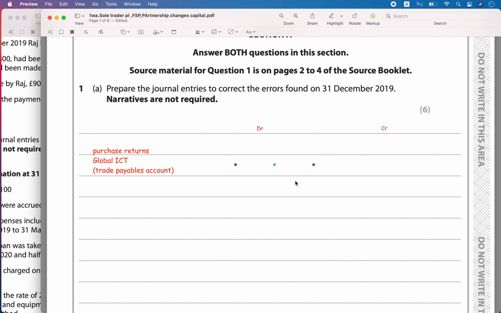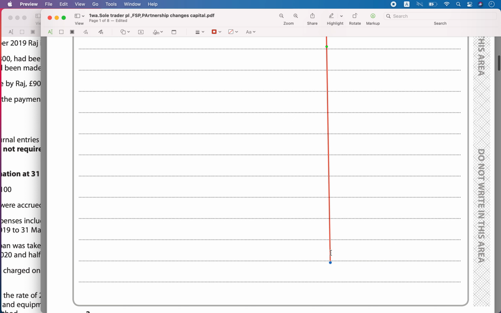Since purchases appear on the credit side, purchase returns has to appear on the debit side. So that is the first entry I'm going to make.